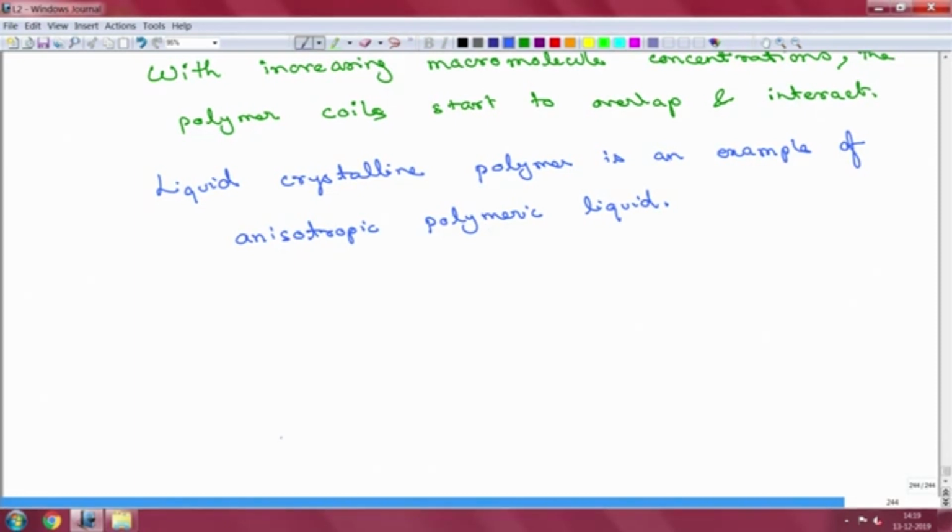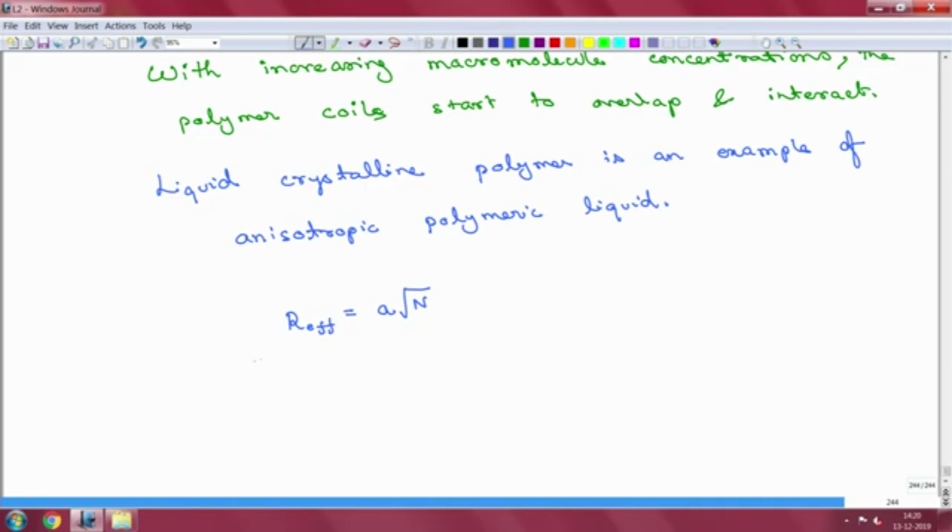So, we had discussed a few lectures back that the effective radius for a polymer with n segments, where the length of each segment is a, is a root over n, right.